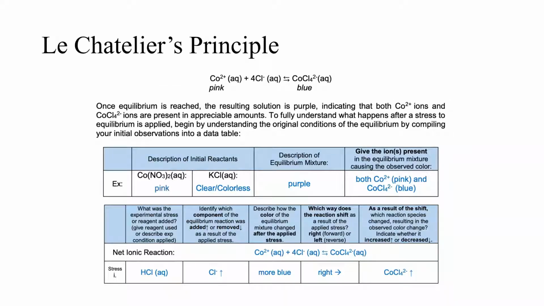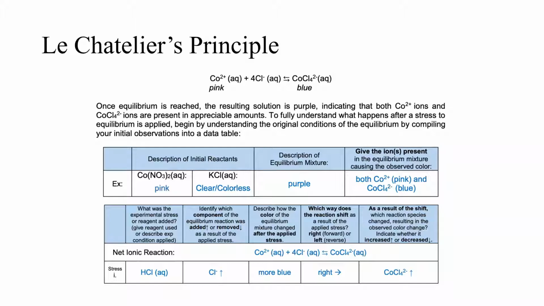If you take a look at the example in the manual, the equation here is the net ionic equation with the given color of cobalt ions being pink and cobalt perchlorate ions being blue. As many of you may be familiar with, the mixing of blue and pink gives off the color purple, you can see in the description box that the equilibrium mixture is observed to be purple, which is expected of the mixing of these 2 colors.